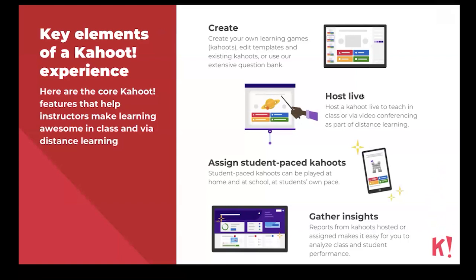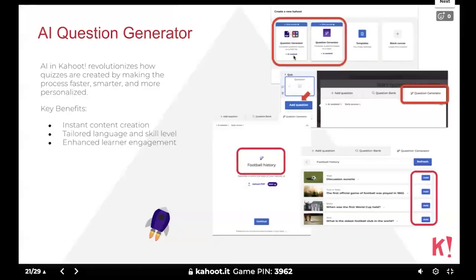So one of the things that make the experience of creating, presenting easier is our artificial intelligence generator. So I will show you in the demo that now you can easily create Kahoots with our AI options.